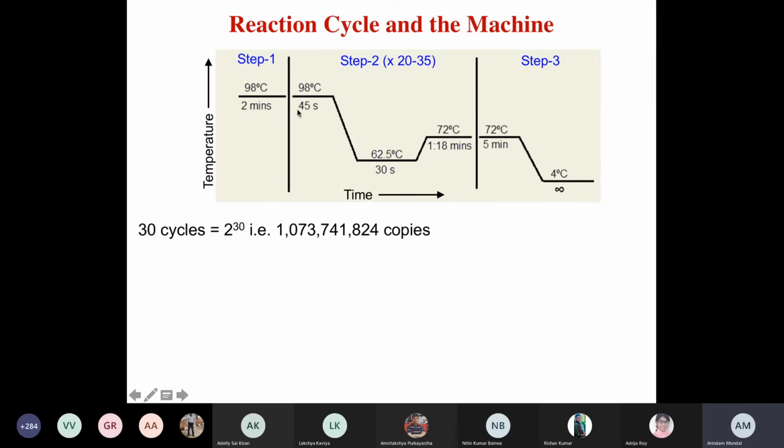So you see, 40 plus 30 plus 1.18, and then you multiply it with 30. It will be around 1.5 hours. But within that small period of time, you should be able to prepare this many copies of the corresponding DNA.